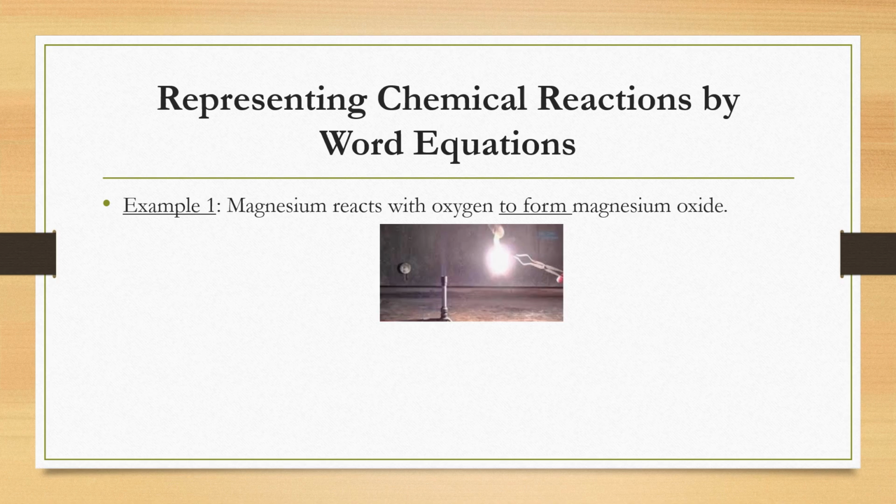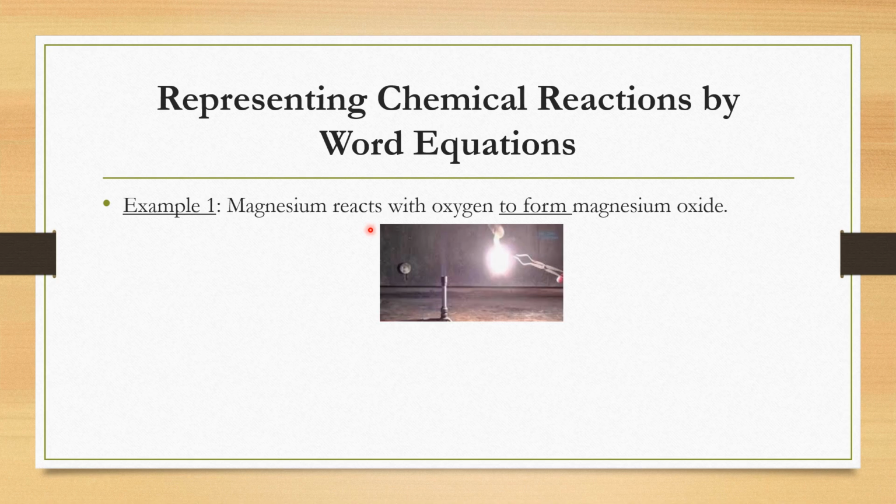Let us see how we write a word equation. For example, magnesium reacts with oxygen to form magnesium oxide. Magnesium and oxygen are the starting substances and therefore they are the reactants.